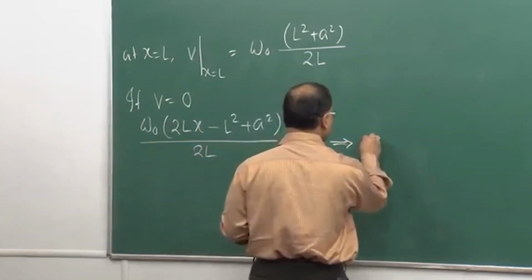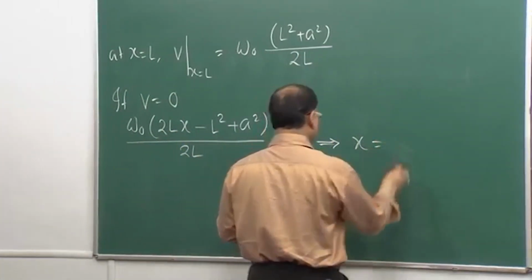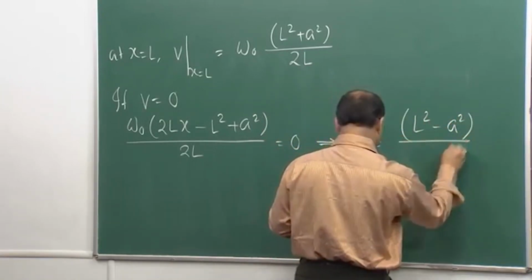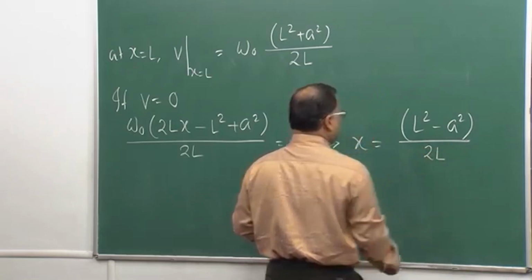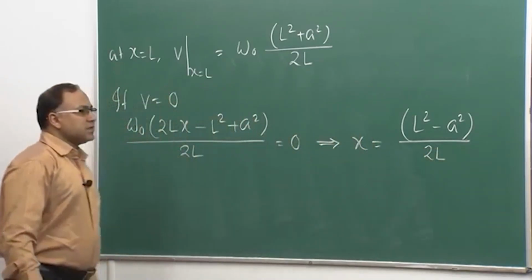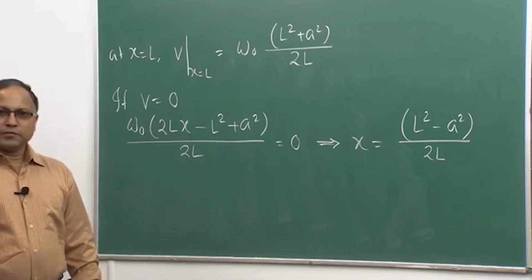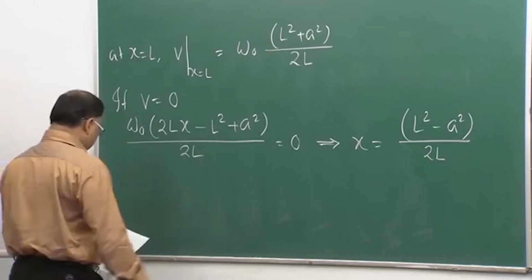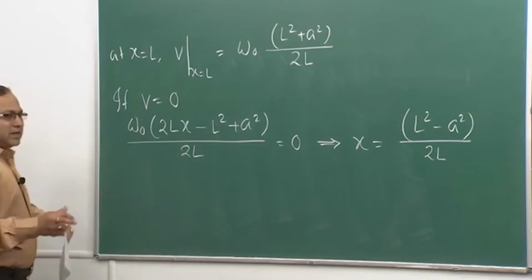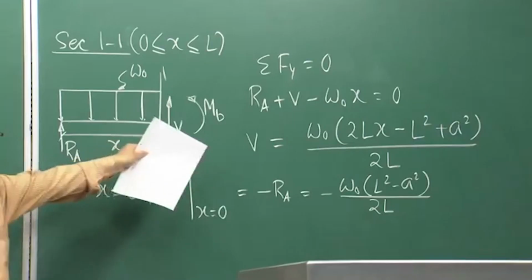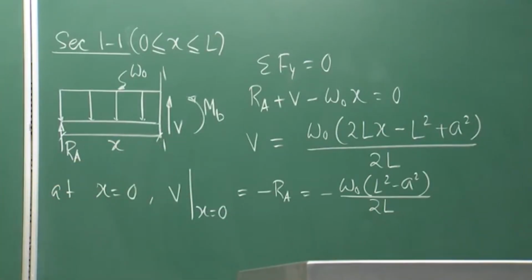From there I can get x equal to (L square minus A square) by twice L. So, that means at x equal to (L square minus A square) by twice L, basically your shear force is becoming 0, okay, fine. So, now these are the informations we have extracted from that expression, whatever we have derived based on summation of Fy equal to 0.